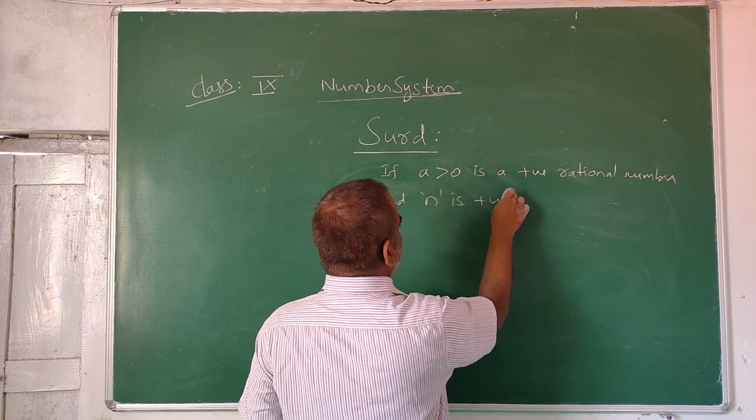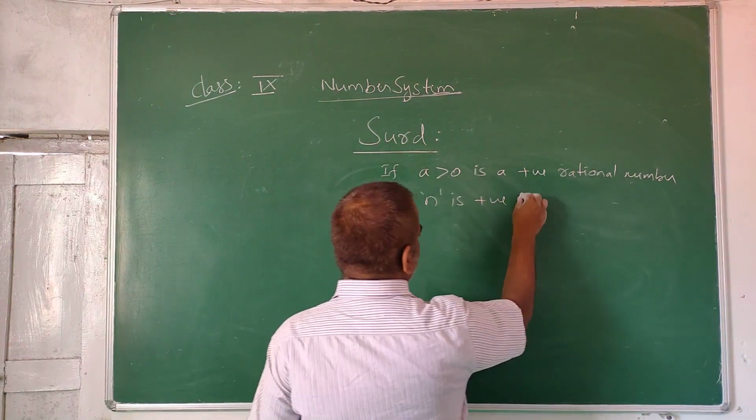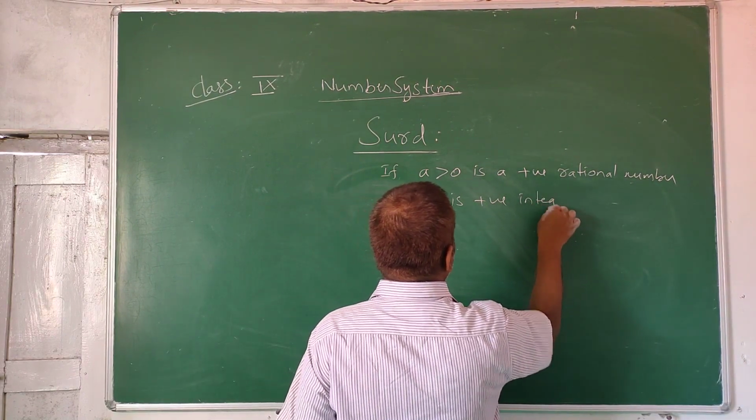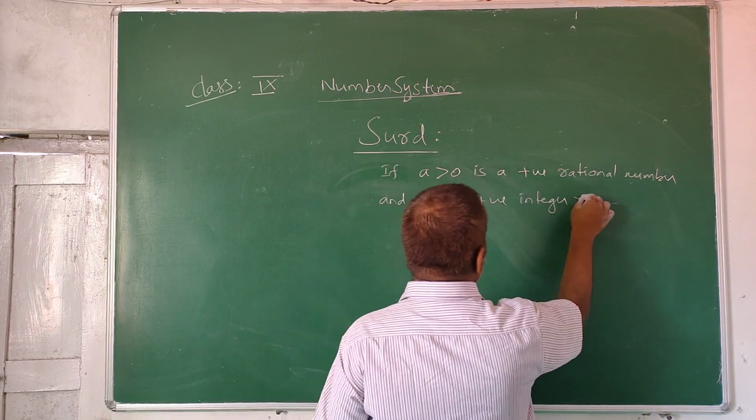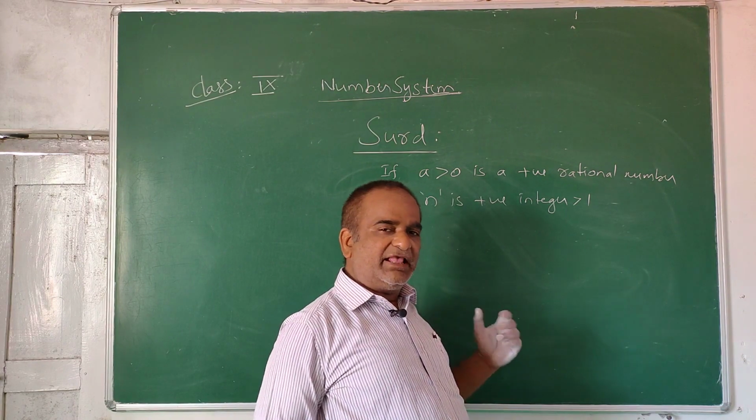In the previous case also it is a positive integer only. n is a positive integer greater than 1. In the previous context also n has the same limits.